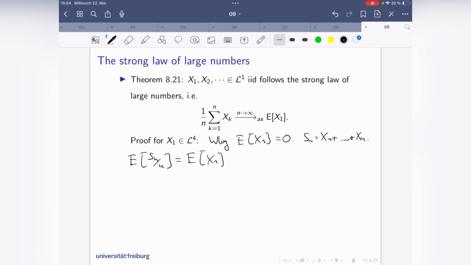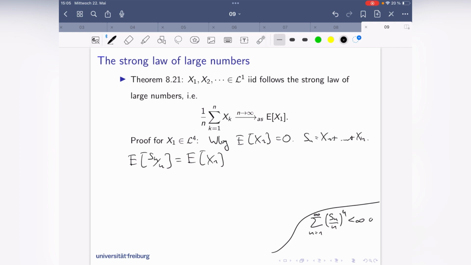And what we are going to show is that the sum over Sn divided by n to the power of 4, n from 1 to infinity, is finite almost surely.